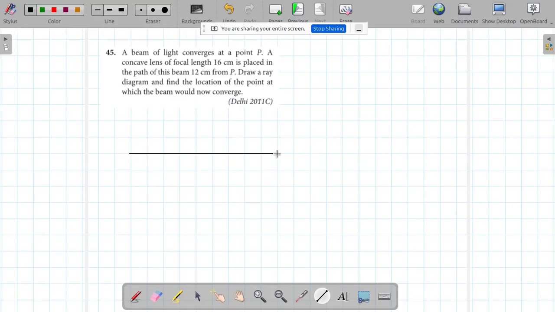Now consider we have a principal axis. Along that principal axis, we have a point P. See, the beam of light is converging at point P. It means that we are getting a ray which is converging at point P. But for our simplification, we'll go for only one ray.